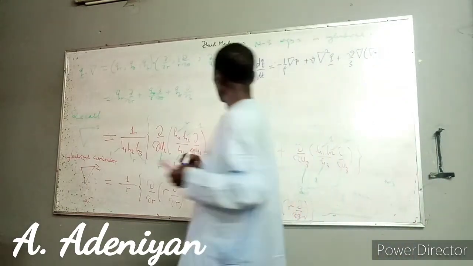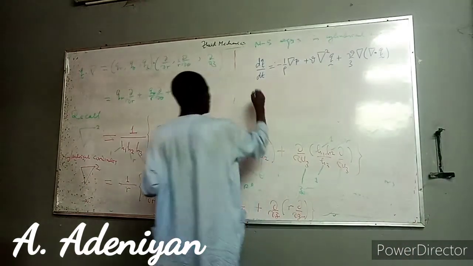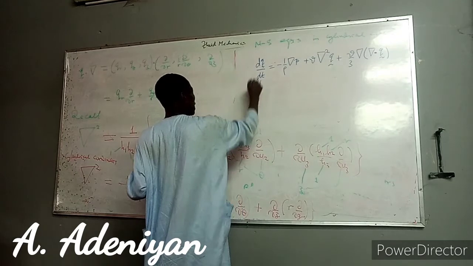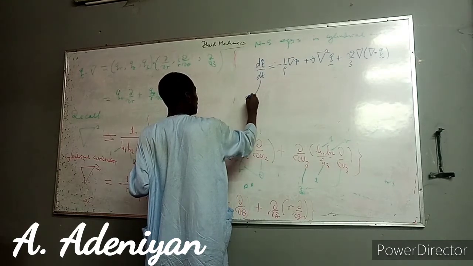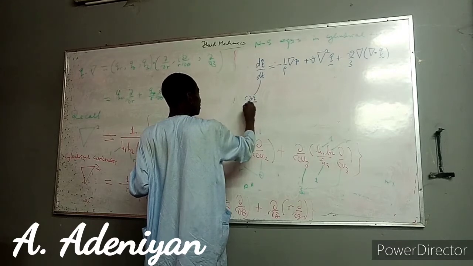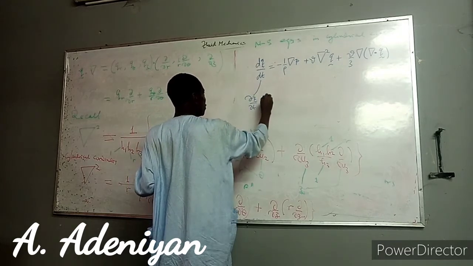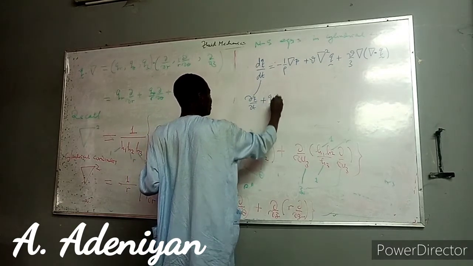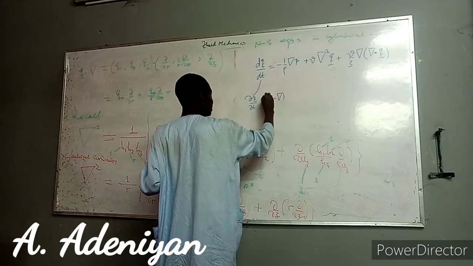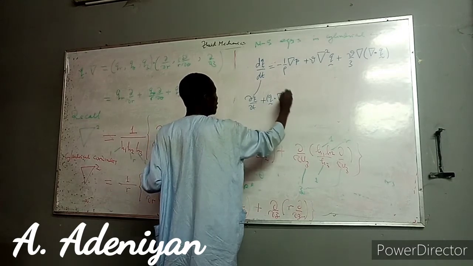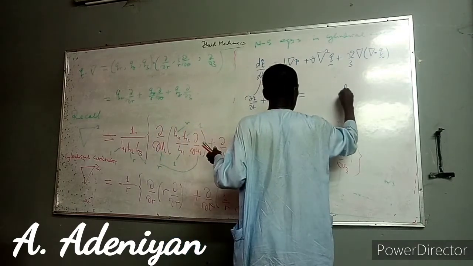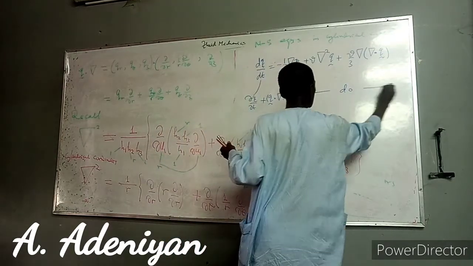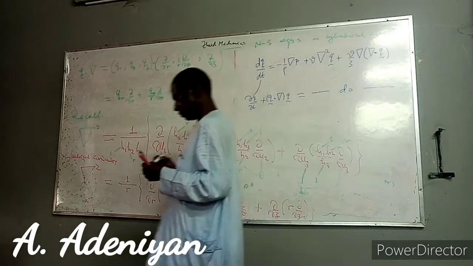And don't forget, this one translates into what? This one can be written as, if you like, dq/dt plus q times del q, then follow the rest. Okay?